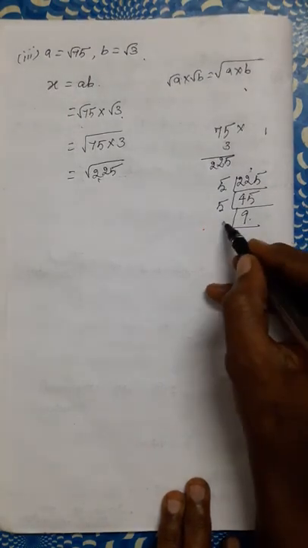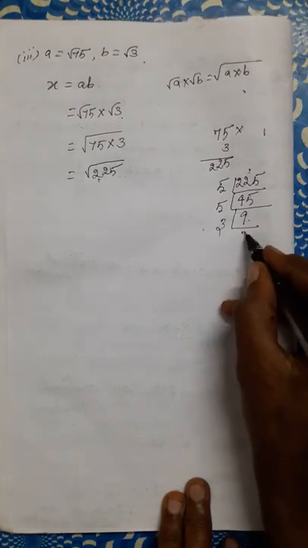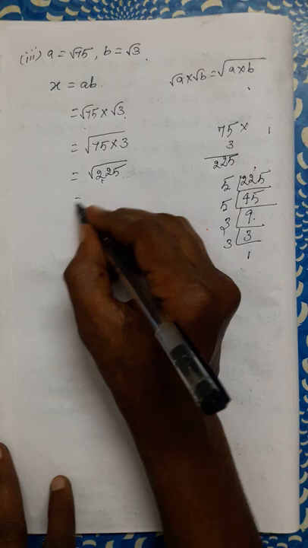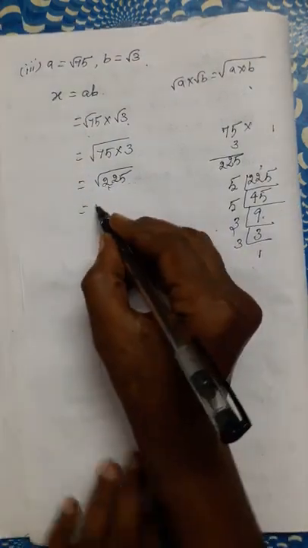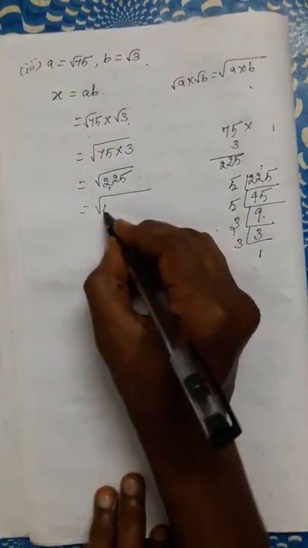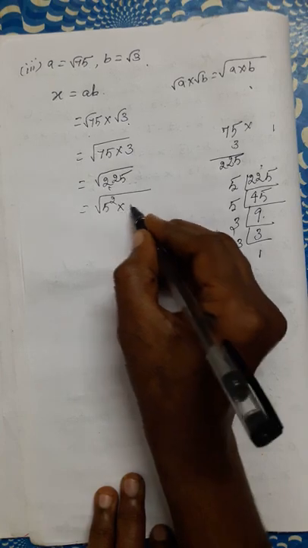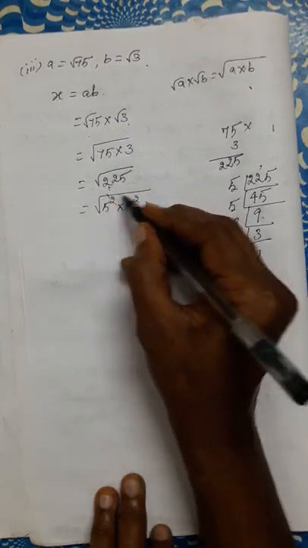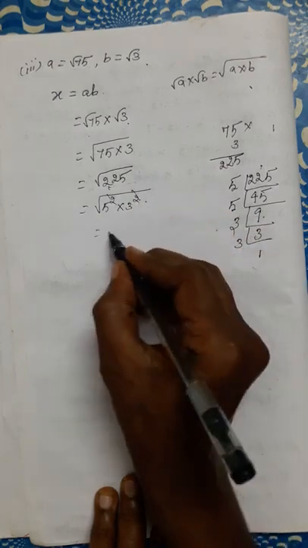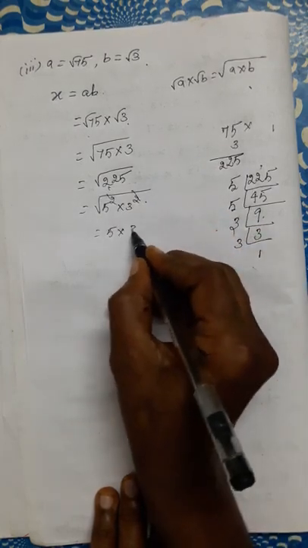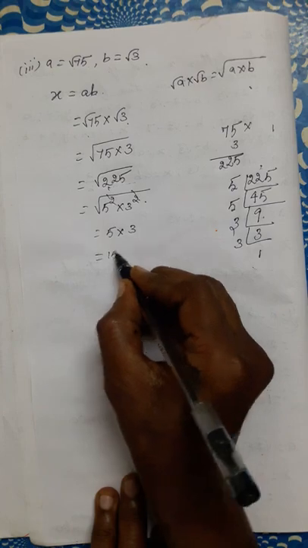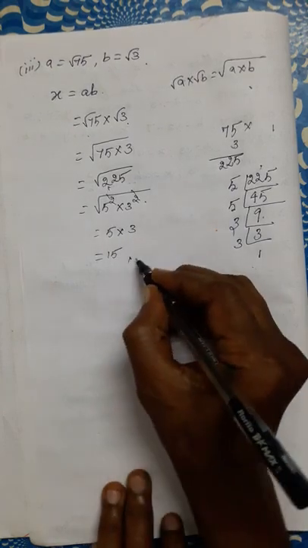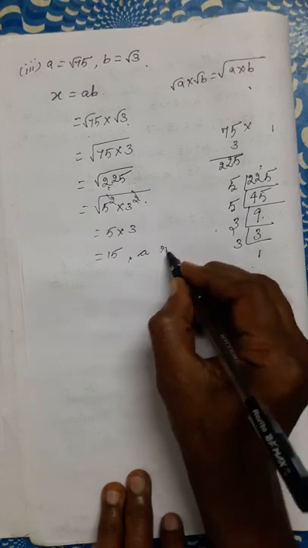Yeah. 3 table. 3 threes are 9. Next, 3 ones. So how can we write it? Root of 5 square into 3 square, which means 5 into 3 is equal to 15. 15 is a rational number.